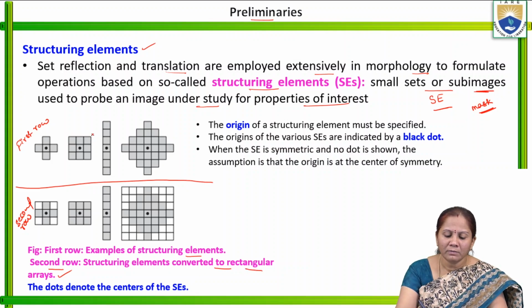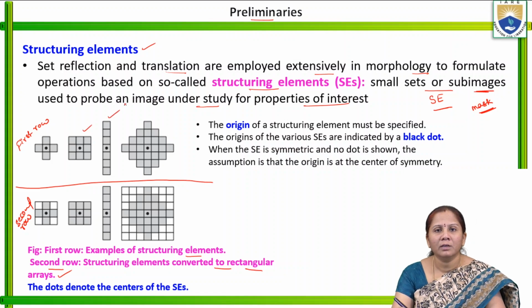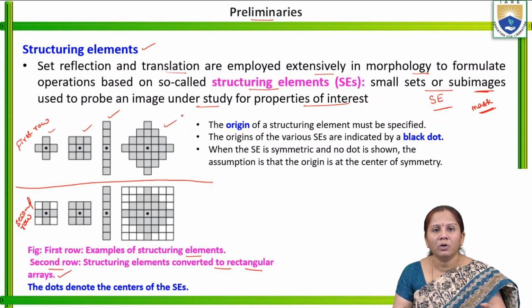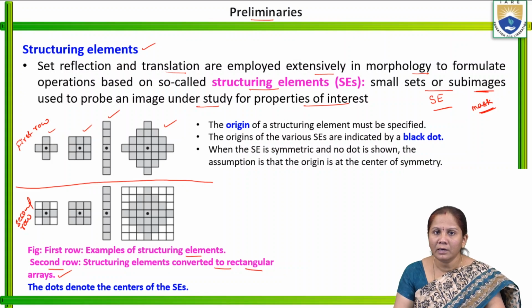If we observe, these two structuring elements are already in the form of rectangular arrays. But these two are not in the form of rectangular arrays.